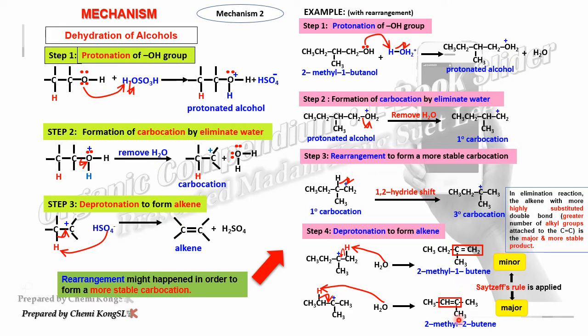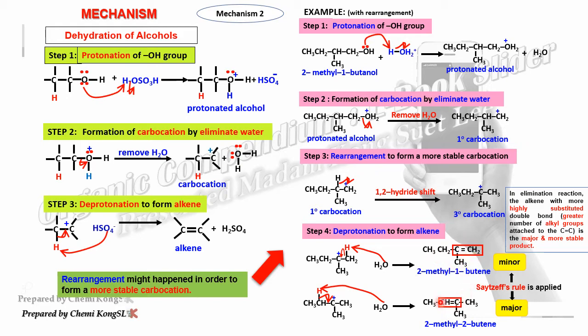Which one is the major product? I circle the C double bond C so that it can help you to identify the substituent. For this one, this C double bond C has one substituent, which is CH2CH3. The second substituent is CH3. So this is di-substituted. 2-methyl-1-butene is a di-substituted product.